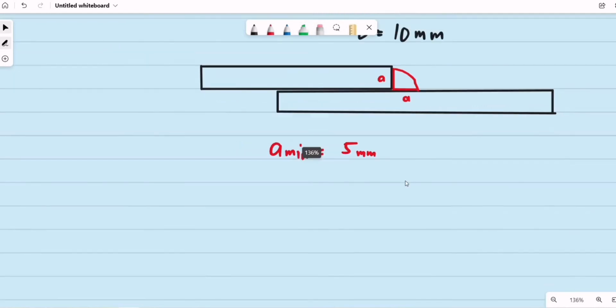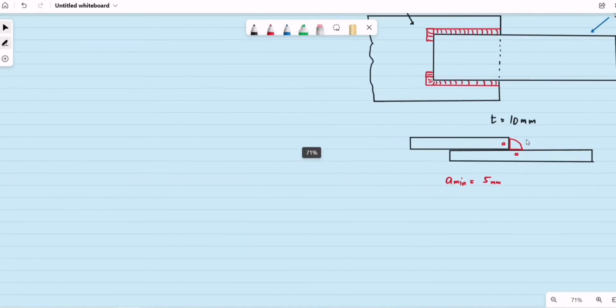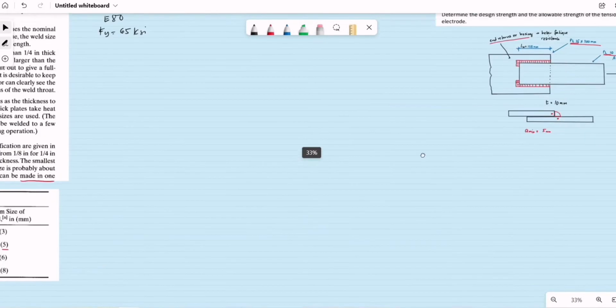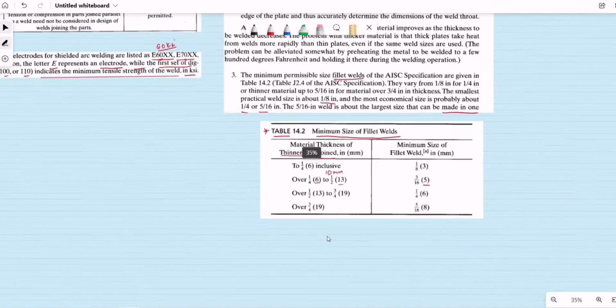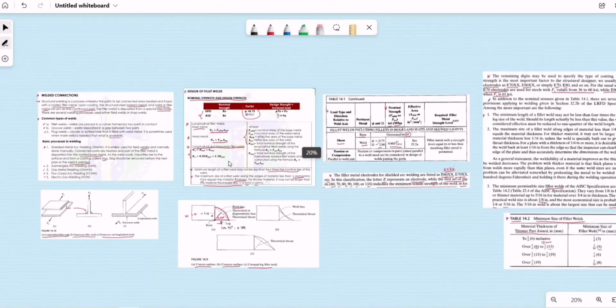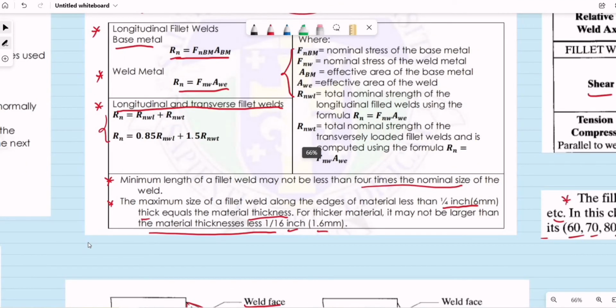So what about the maximum? Okay, for the maximum dimension of the leg of the fillet weld, we'll be basing on this table. The maximum size of a fillet weld along the edges of the material less than 1/4 inch, 6 mm.